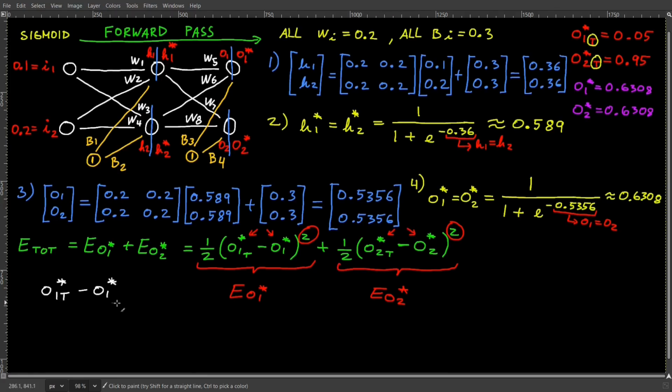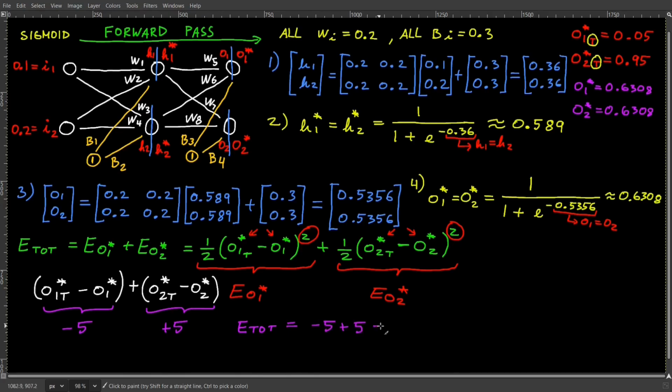If I simply had this difference plus this difference, then if, for instance, this one is minus 5 and this one is plus 5, then my total error would be minus 5 plus 5 equals 0. And so it would seem that I have no error, but that of course is not true. I have errors in both terms, it's just they cancel each other out.